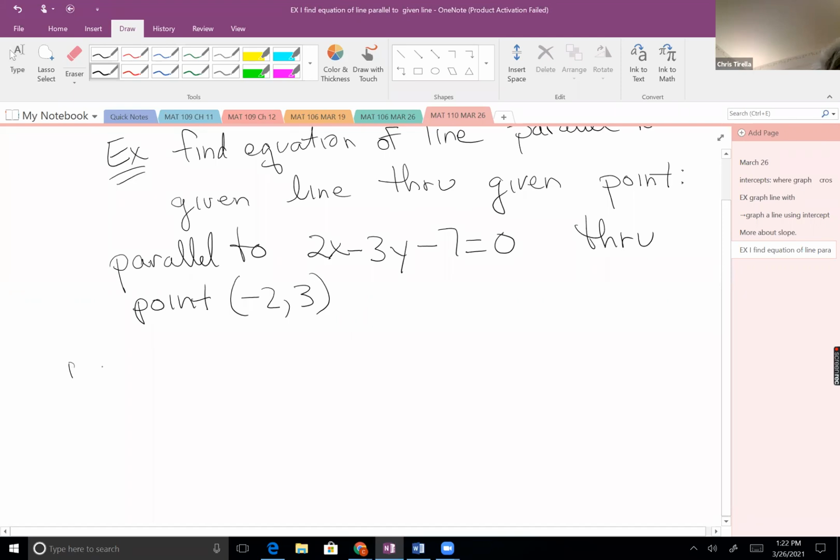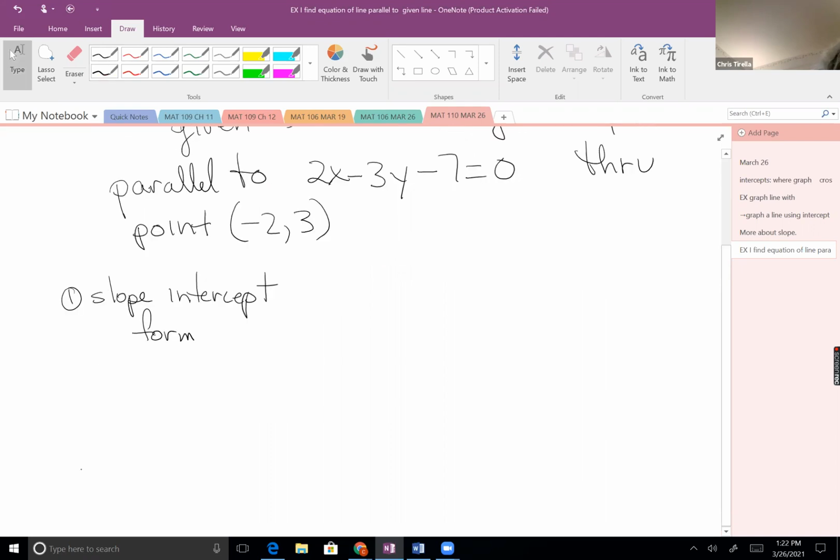First, I want it in slope-intercept form. And then I want it in general form. And once we get it in general form, I want to compare it to the original line and show you guys a shortcut.